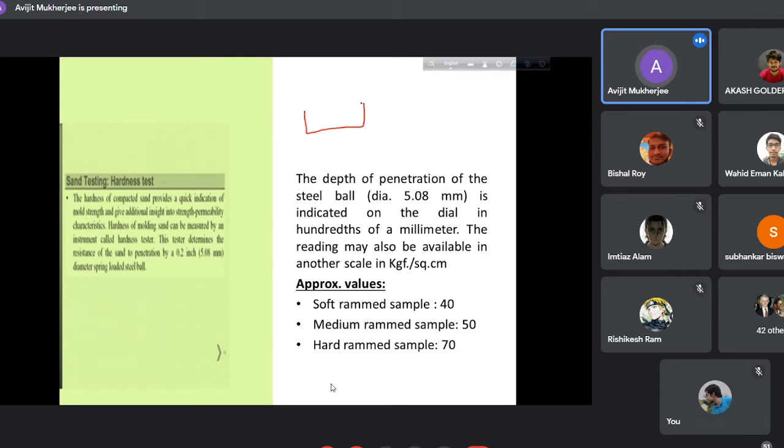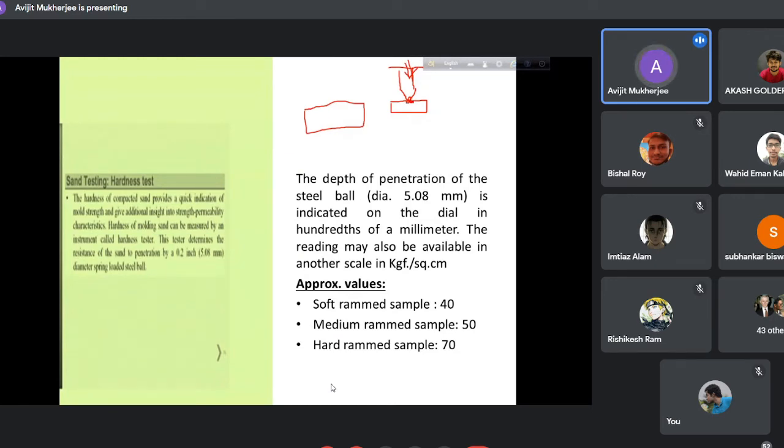Say this is the surface of the specimen, and I have an indenter, and apply pressure from the top. The indenter must have some bluntness. So apply pressure, and this surface will be indented, will be depressed.